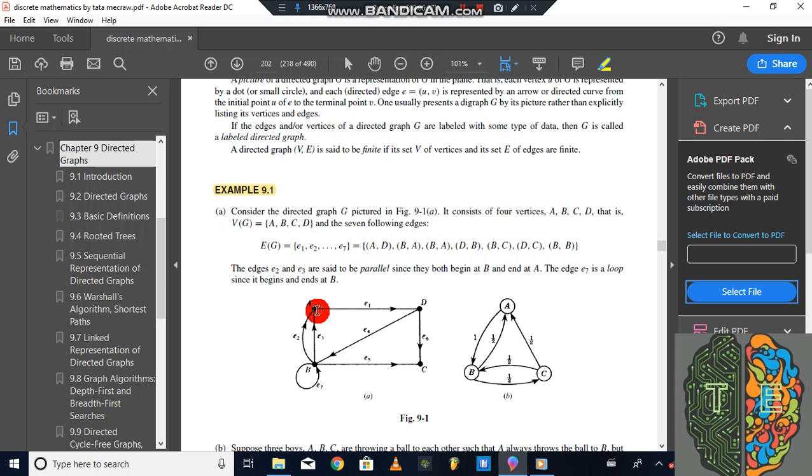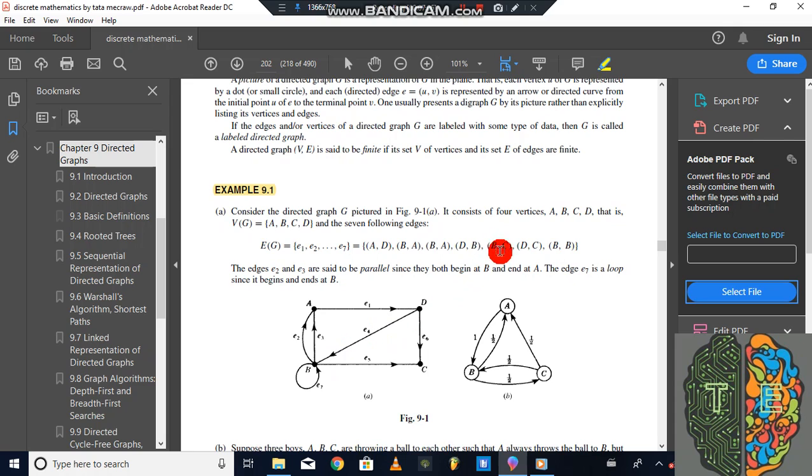A, D: we are going from A to D. This is an edge. And what is the next one? B to A. Next is again B to A. And another one, B to A. Next, D to B.